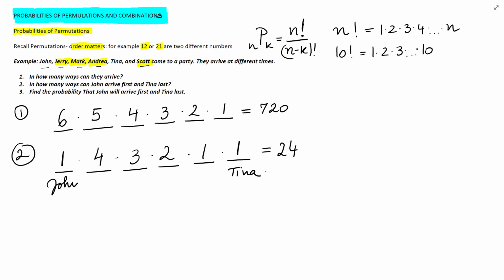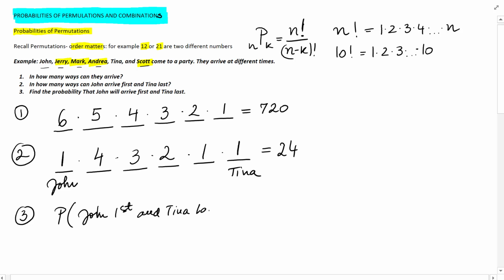The third part is to find the probability that John comes first and Tina last. So the probability is all the favorable possibilities, in how many ways John can come first and Tina last to the party, 24, over all the possibilities, all the ways they can arrive at the party, 720.